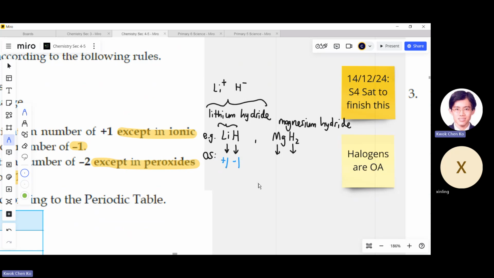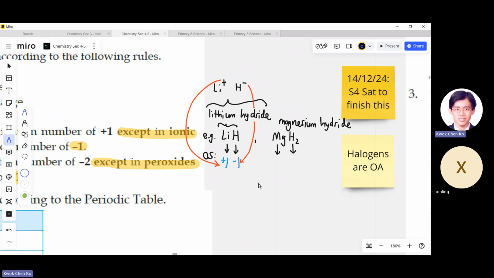So if I look at them as ions, then it becomes pretty obvious, right? The +1 charge gives you +1 OS, the charge -1 gives you -1 OS. Now, of course, I can do the same for magnesium.